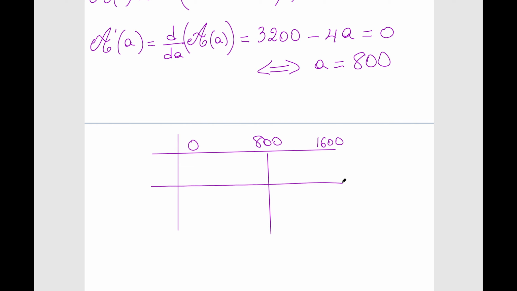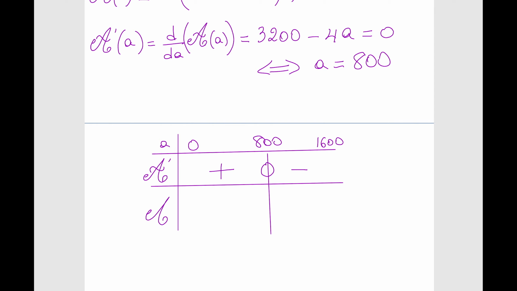So at this point 800, the derivative of A vanishes, correct? And this first row is where little a lives, right? Before that, the function A prime is going to preserve one sign. If you take a point between 0 and 800, whatever point you take, you plug it in A prime, you're going to get a positive entity. So that thing is going to be positive. And over here, from 800 to 1600, whatever you take, that thing is going to be negative.